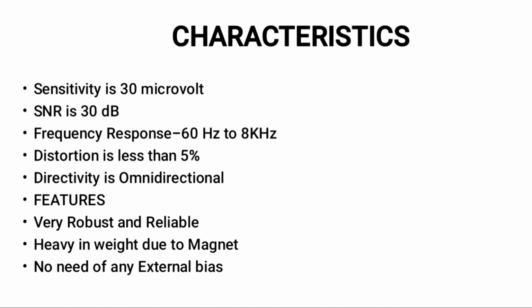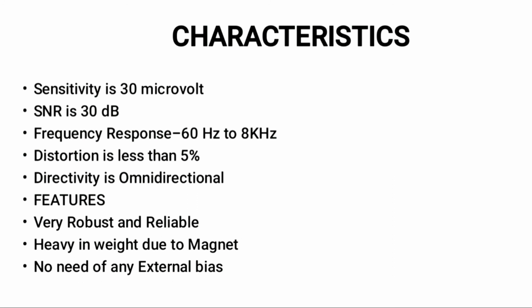So, we can see some of the features of the moving coil microphone. It is very robust and very reliable in nature. Also, it is heavy in weight due to the magnet. As we have already seen, we are using a permanent magnet in this moving coil microphone.